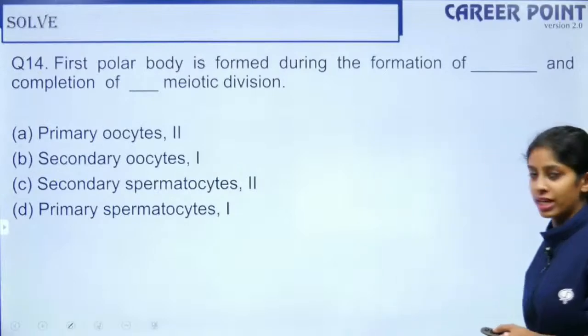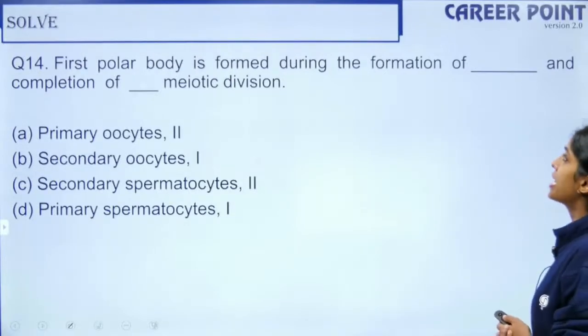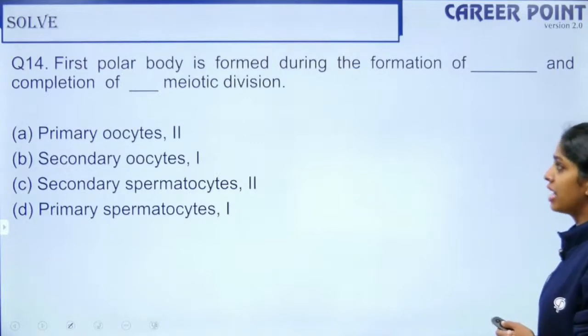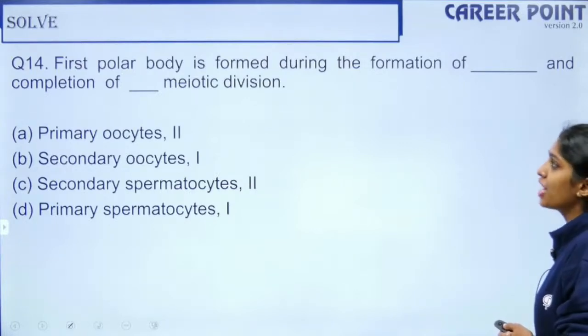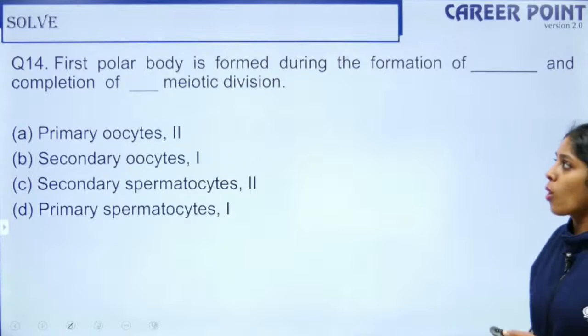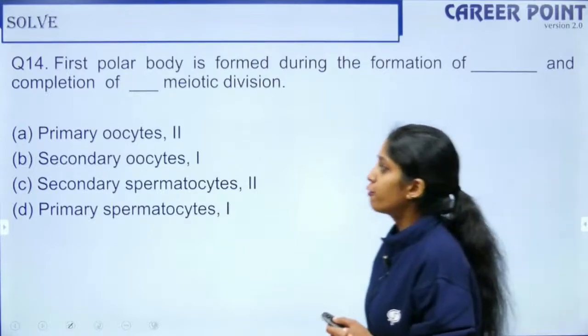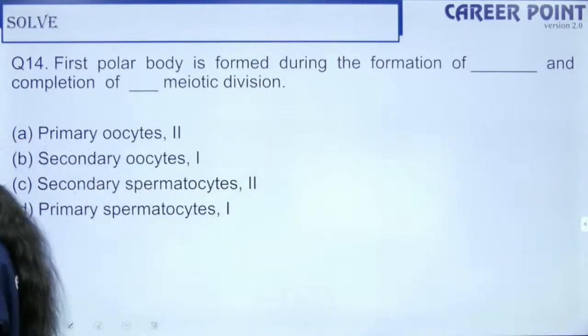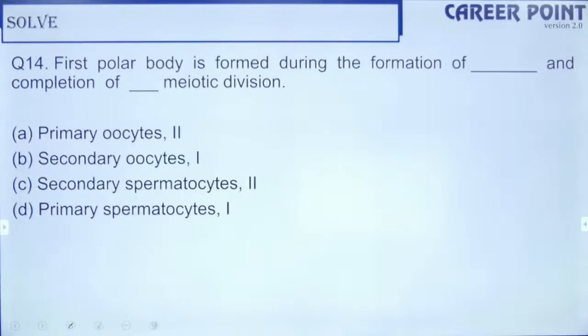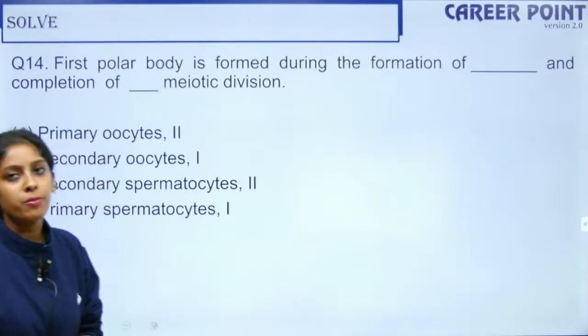So question 14. The first polar body is formed during the formation of dash, completion of dash meiotic division. So when is the first polar body formed? Yes, can you give me the answer? Question number 14. When exactly is the first polar body formed?